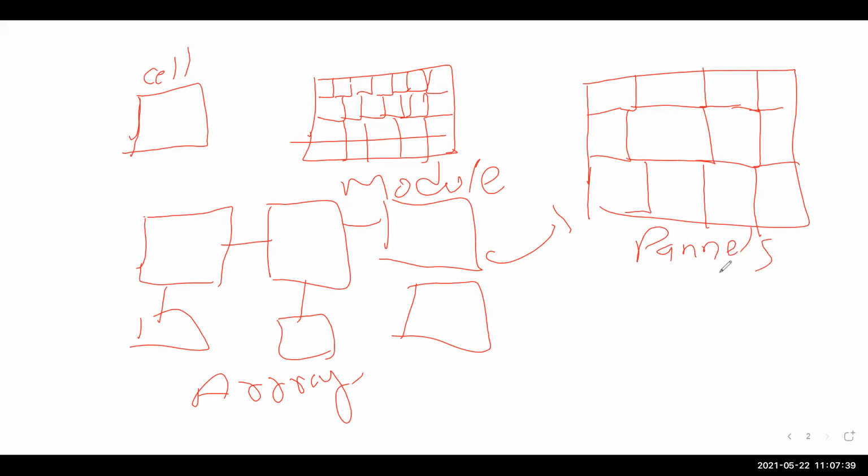So if this is your entire panel, these are your arrays, this is your module, and the cell would be in this format. I will draw with different colors to make it clear.